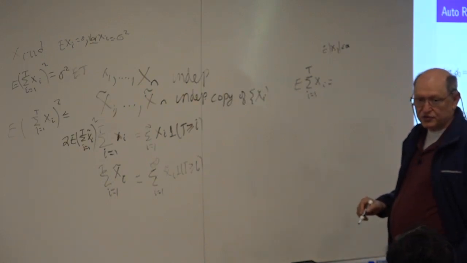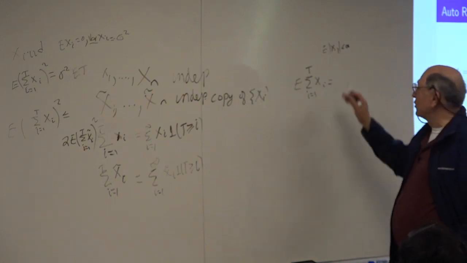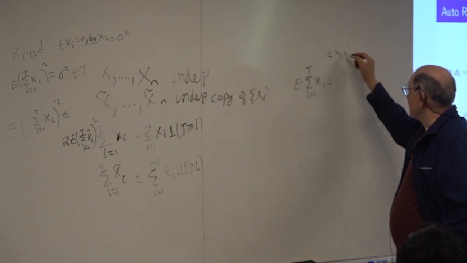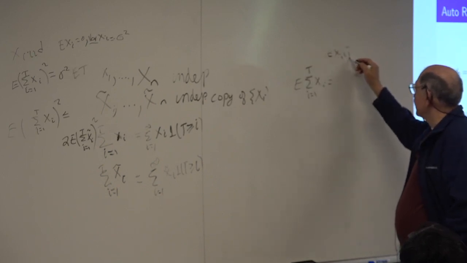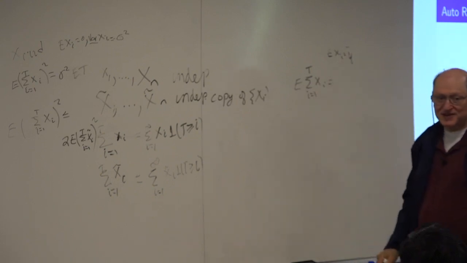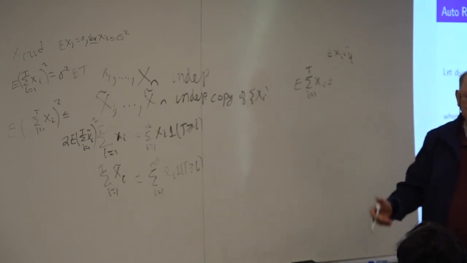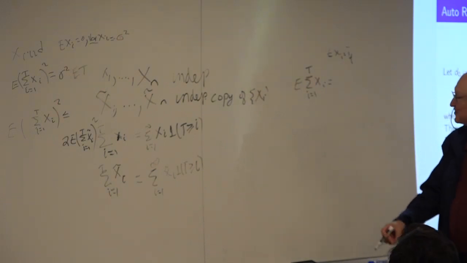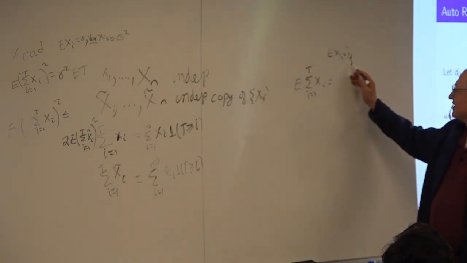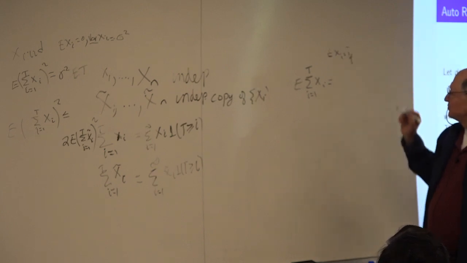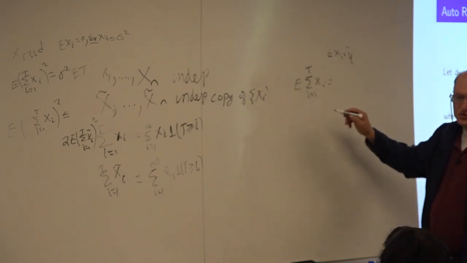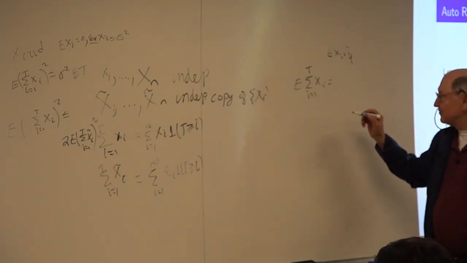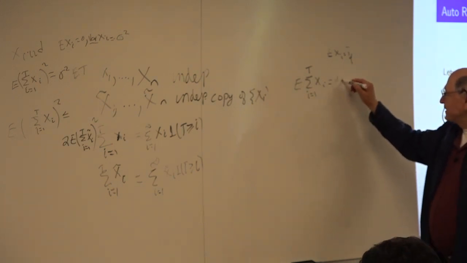If the expected value of x sub i is equal to nu, so this is another quiz. Since I was going too fast, I'm going to make sure that you understand what I'm doing. So this is nu. What is Wald's first equation? Nu times the expected value of t.